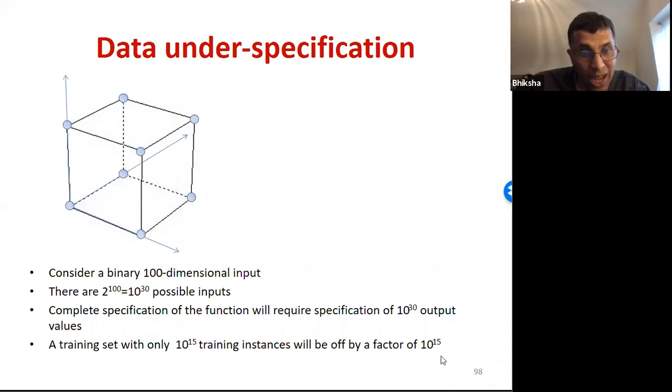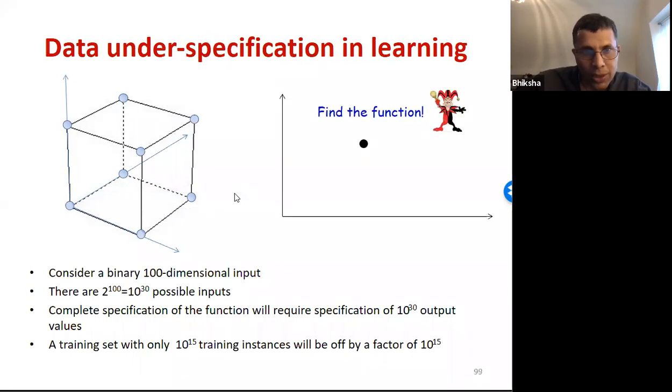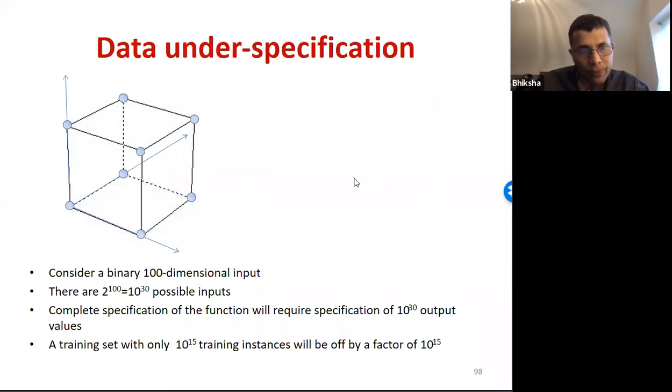If I give you 1 trillion training instances, that is going to be off by a factor of 10 raised to 15 in the amount of data that you need to fully specify this cube. To give you a better idea, even on this tiny example, let's say each of these edges were some finite length, and I put you in a tiny spaceship and landed you in some random corner of this cube.